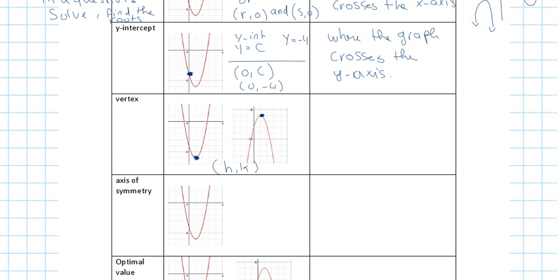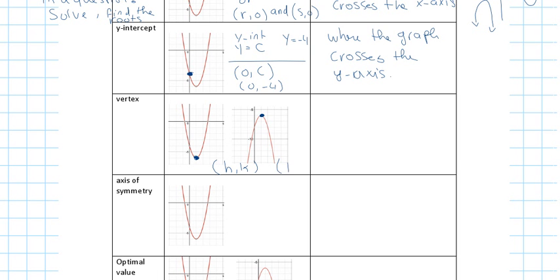But we're going to use it now as (h, k). So if I'm looking at this graph, and I'm looking at my vertex, it looks like it is at 1 and -6, okay? So I can report it like this, okay?